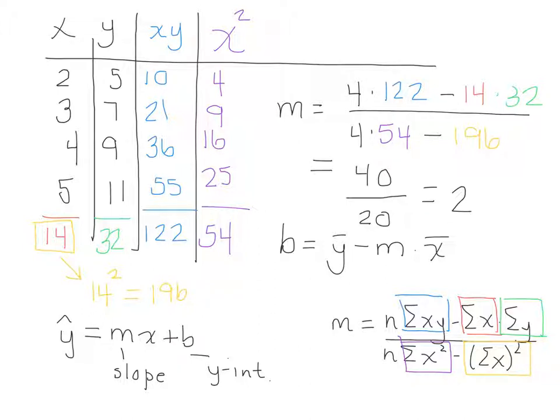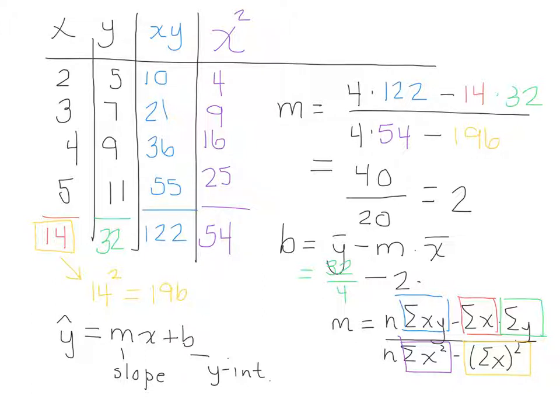What I need next is my y-intercept, and I've written the y-intercept formula here on the screen. I need to take y bar, the mean of my y's. Well, my y's added up to 32. To find the mean, that means average, I divide by the number of y's that I have. So basically I'll have 32 divided by 4, minus my slope, which I just got to be 2, times my x bar.